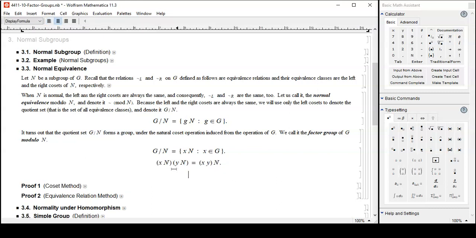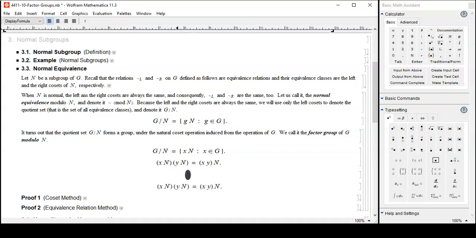So we may end up with this kind of situation: x1N is equal to x2N, and y1N is equal to y2N, yet x1N times y1N is supposed to be defined as x1y1N.